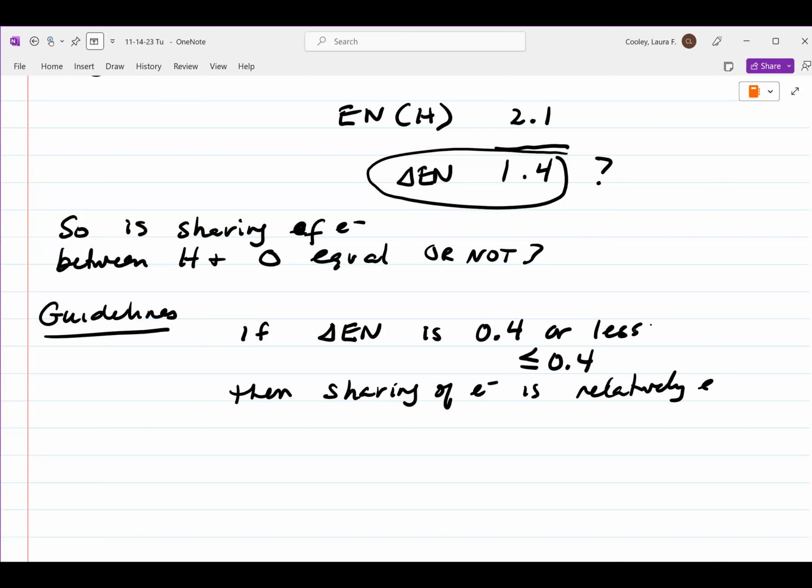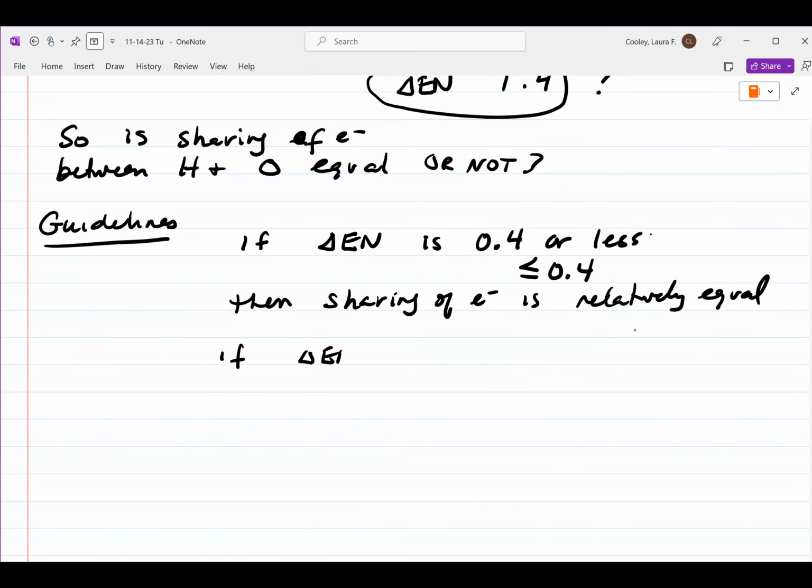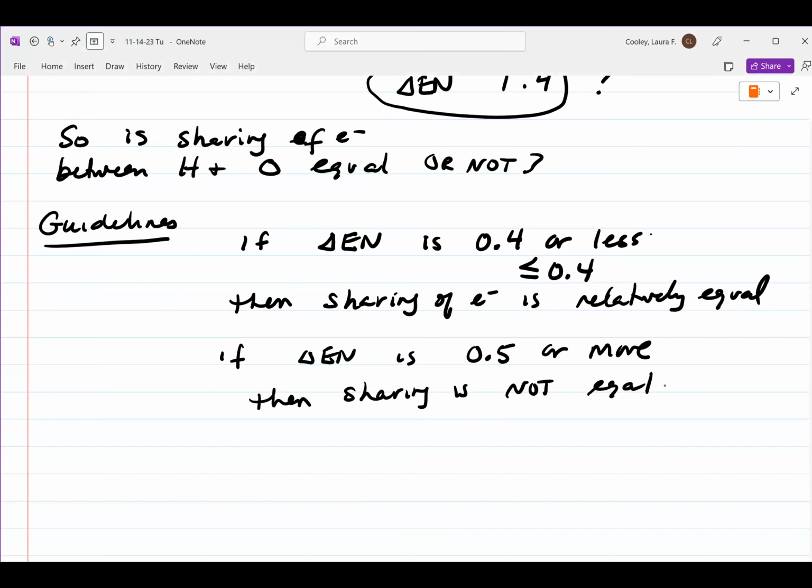If the difference in electronegativity is 0.5 or more, then it's not equal. So I'm going to come back and write a few more things here, but I want to show you how we indicate this on a bond.